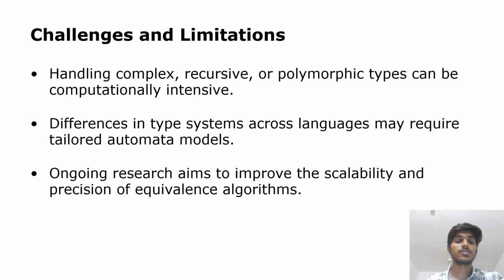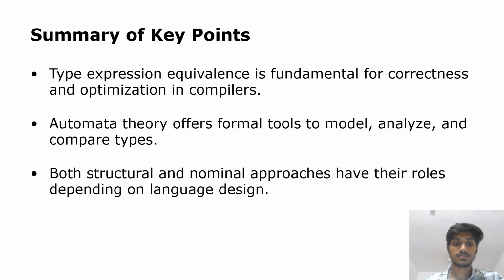Challenges and limitations: handling complex recursive or polymorphic types can be computationally intensive. Differences in type systems across languages may require tailored automata models. Ongoing research aims to improve the scalability and precision of equivalence algorithms.